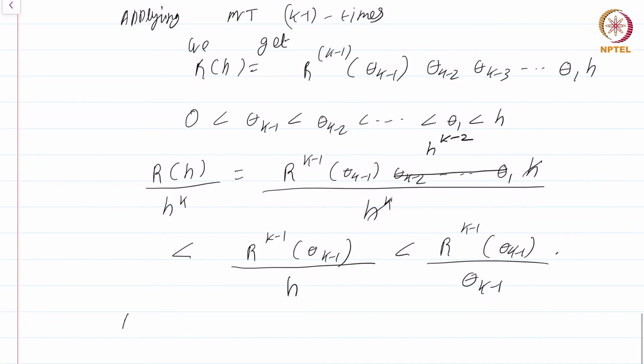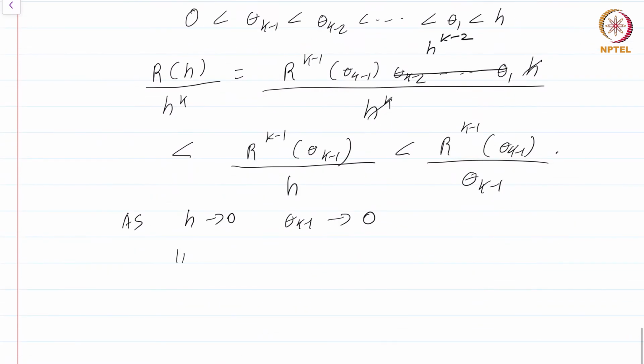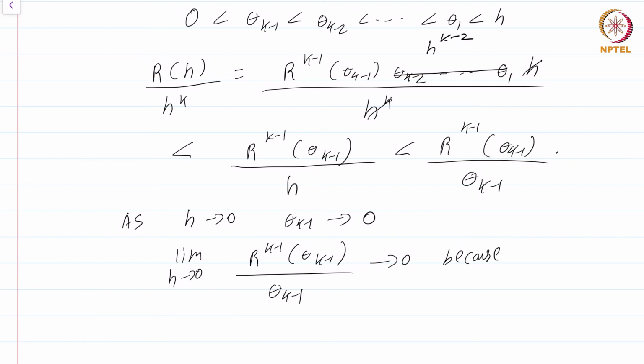Okay. Now as h goes to 0, well, theta k minus 1 also goes to 0. We don't know how it goes to 0, but it certainly is going to go to 0, right? That means the limit as h goes to 0 of r k minus 1 of theta k minus 1 by theta k minus 1 just converges to 0 because this is just r k at 0, right?